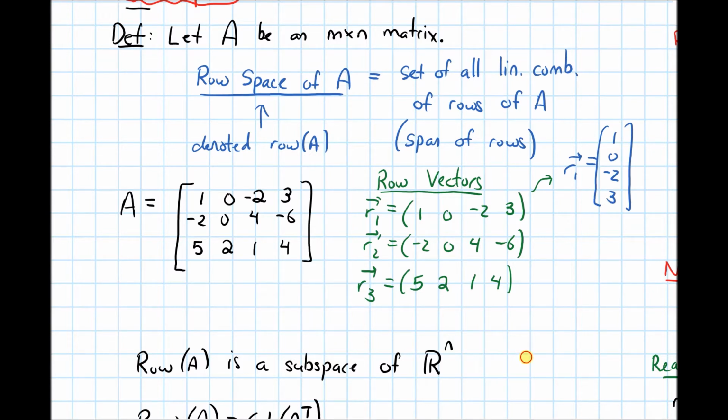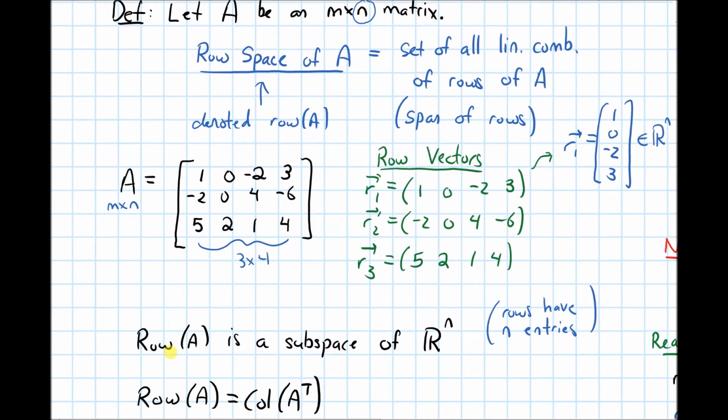And the reason why it's R^n is because we said A was an m by n matrix, so the rows have n entries in them, because my matrix has n columns. That's why the rows are vectors in R^n. In my example, it's R^4, because this matrix is a 3 by 4 matrix.